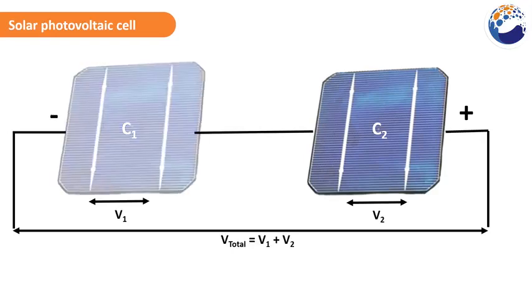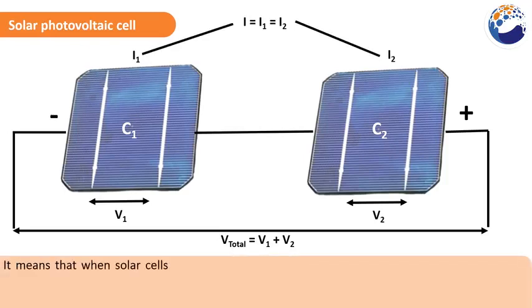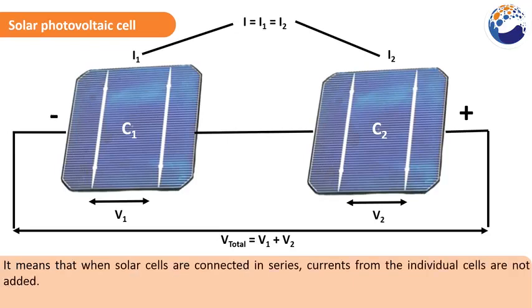Current generated by C1 is I1 and current generated by C2 is I2. Current generated by the combination of both is I. However, the current generated from this combination is equal to the current from an individual cell, that is, I is equal to I1 is equal to I2. It means that when solar cells are connected in series, currents from individual cells are not added.